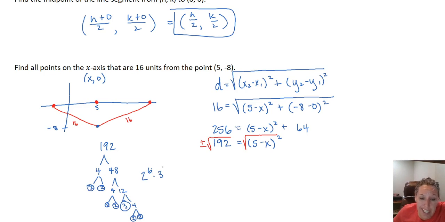And so 2 to the 6th is a perfect square. When we take the square root of that, we're going to get 2 to the 3rd, which is 8. And then still have a 3 underneath the square root.